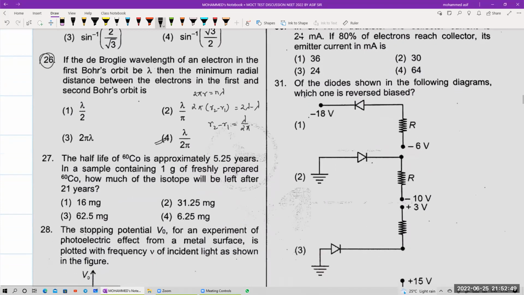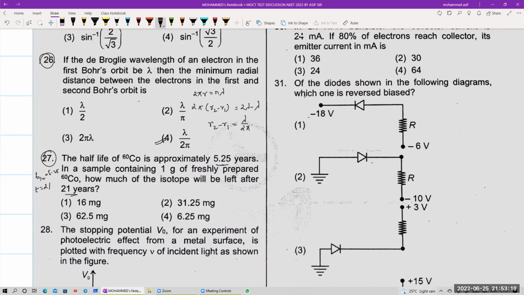Next one, 27, a nuclear physics question, you can do this too. Look, beta, the half-life of cobalt is approximately 5.25 years. In a sample containing 1 gram of freshly prepared cobalt-60, how much of the isotope will be left after 21 years? T half is given as 5.25 years, and time is 21 years, isn't it?